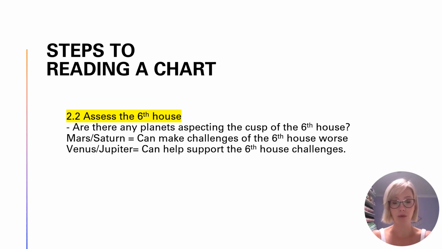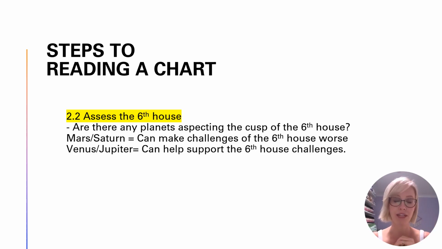So for example, if Mars and Saturn are making any kind of aspect, whether that's a conjunction, opposition, sextile, square, trine, those things that we just went through before, Mars and Saturn can make challenges of the 6th house worse because Mars and Saturn are our challenging planets. We call them the malefics. However, they're not all bad, but they do bring more challenges.